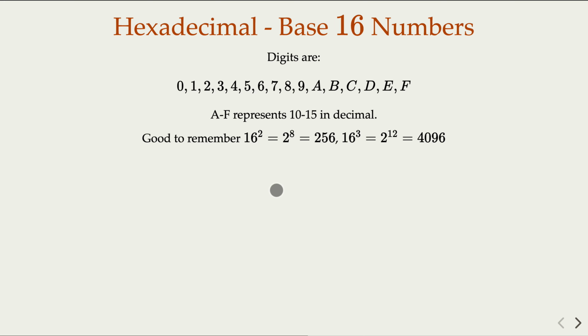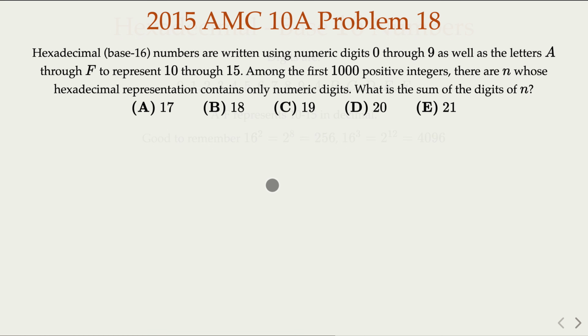Let's look at the real AMC10 problem, base 16. Here, this is 2015, problem 18, again towards the more difficult part of the exam. We're saying that base 16, which is sometimes called hexadecimal numbers, are written using the digits 0 to 9 and A to F, right?